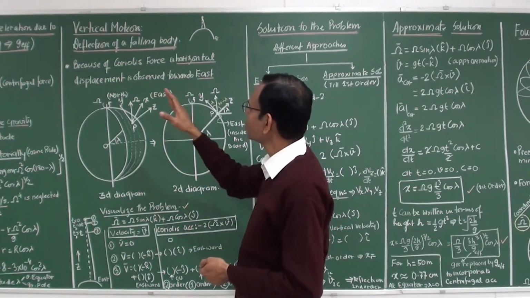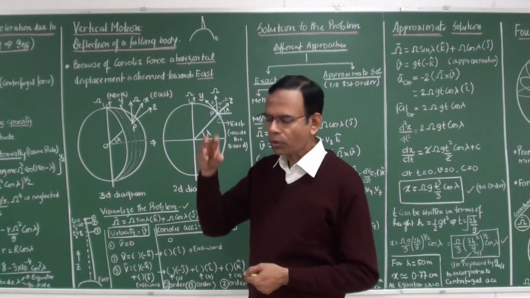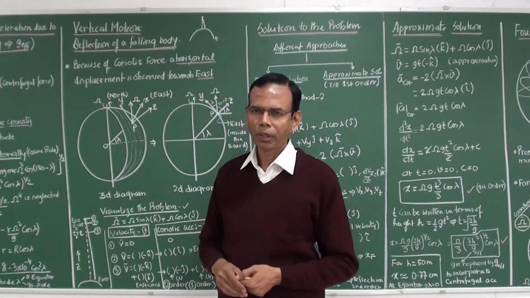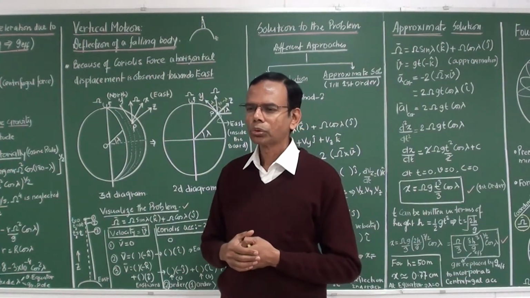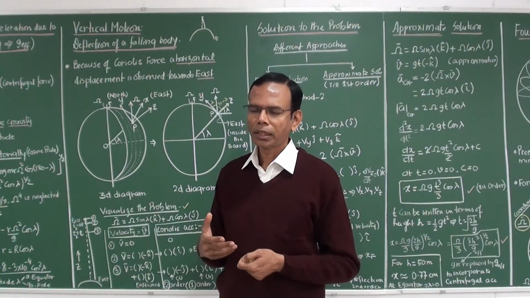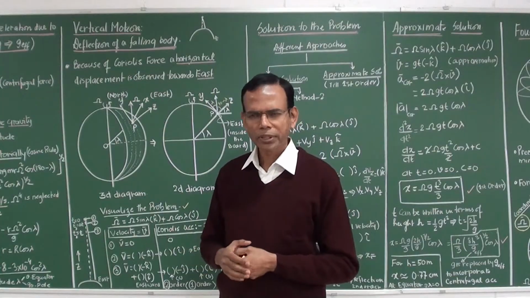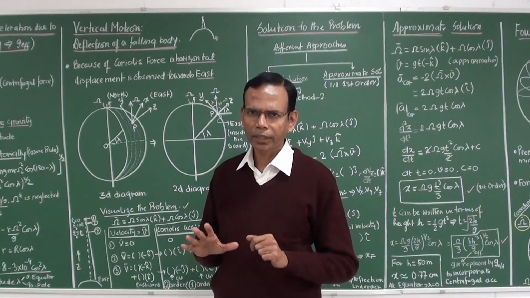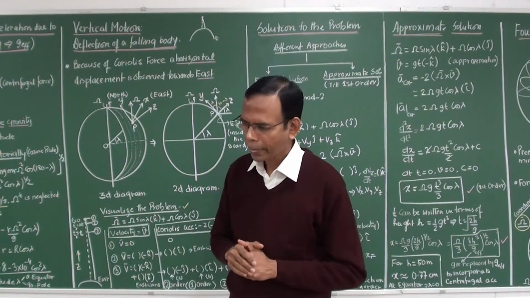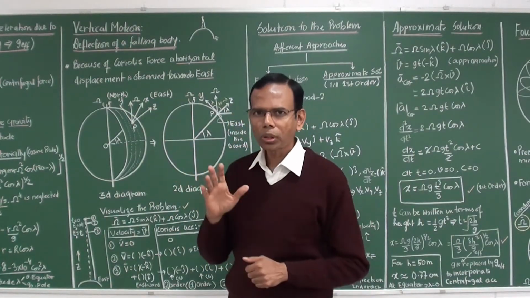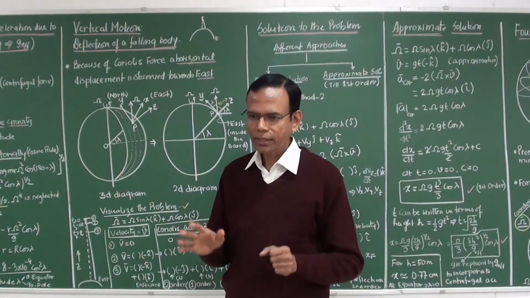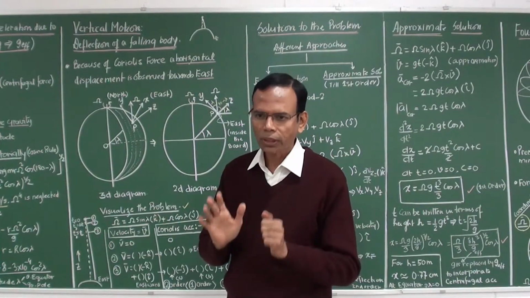Now, deflection of a falling body. When a body falls from a great height, obviously it has a velocity. So because of the velocity, the Coriolis effect will be there. Centrifugal effect we have already taken care of in the value of g. So we have to see how the Coriolis effect changes its motion. That is our purpose.